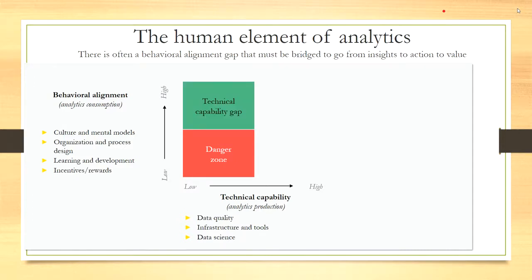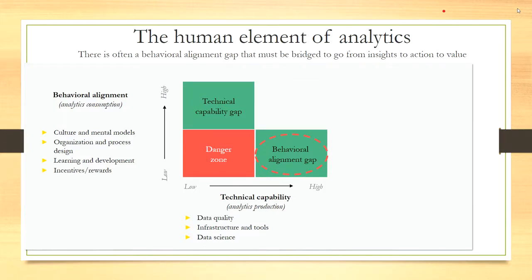If you can consume it but can't produce it, they're saying you have a capability gap. And if you can produce it but not understand it, so for example, you're a computer science major and you can code a lot of things, but you don't understand the purpose of what you're actually doing, then you have a behavioral alignment gap in terms of not being able to understand what you're producing.